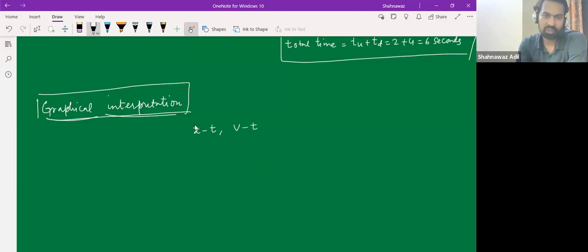In the x-t graph and v-t graph, which one is the independent quantity and which one is the dependent one?